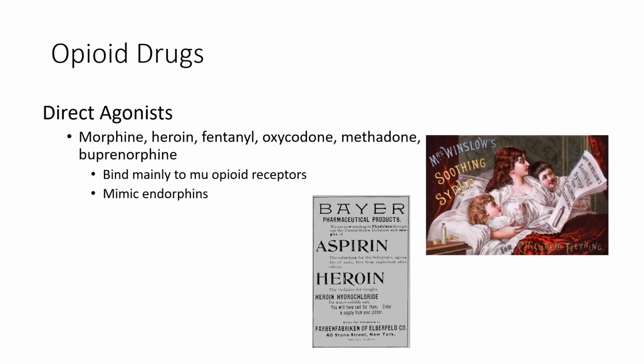So then let's look at some of those opioid drugs, the ones from outside the body that have an effect on these receptors we were just talking about. Some of the main ones are the ones you know: morphine, heroin, fentanyl, oxycodone, methadone. These bind mainly to the mu opioid receptors, and they mimic these endorphins.